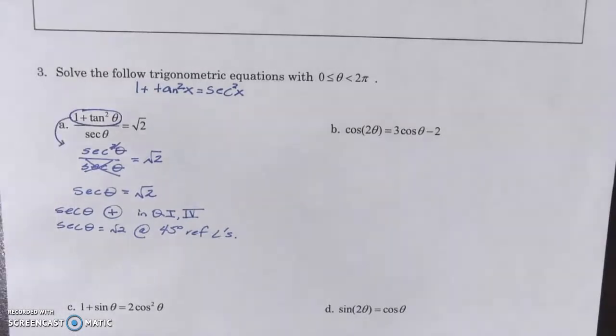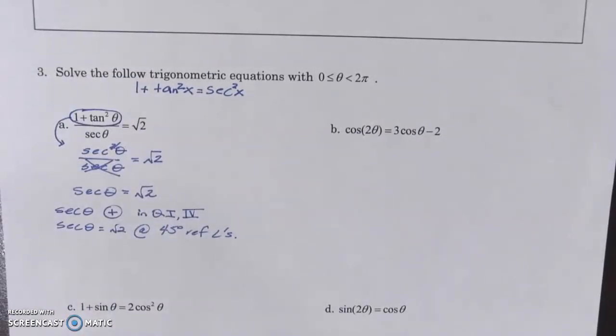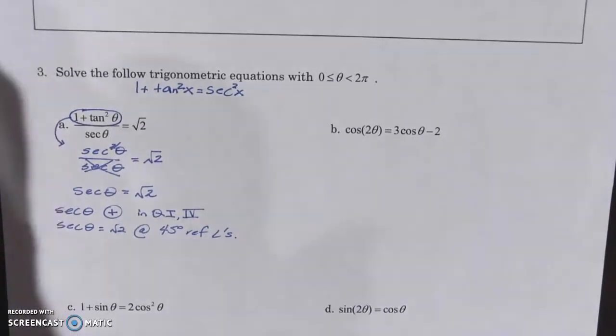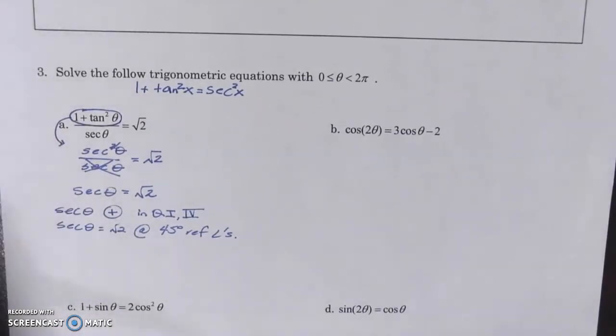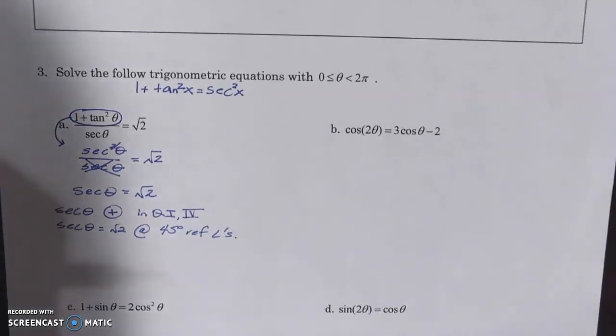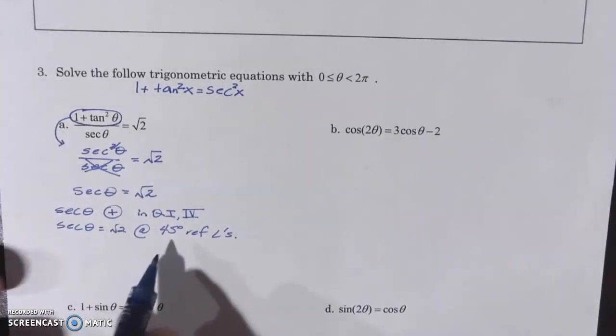If we do the reciprocal of that, it flips and ends up being root 2. If you want to do all that math yourself, great. If not, you can believe me that secant theta would be root 2 when cosine of theta is root 2 over 2. So we're looking in the first and fourth quadrants at 45-degree reference angles.